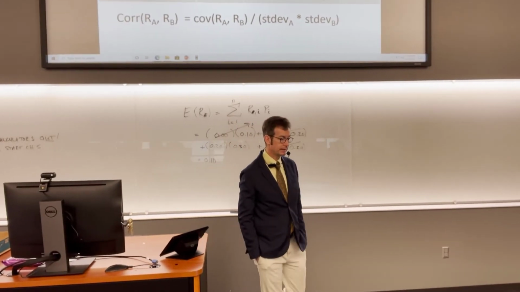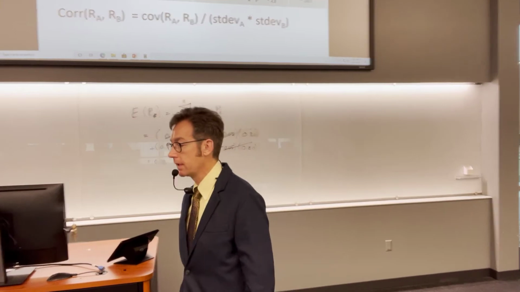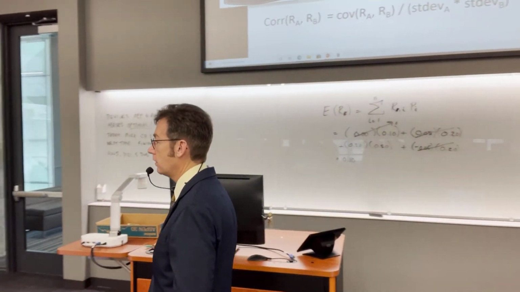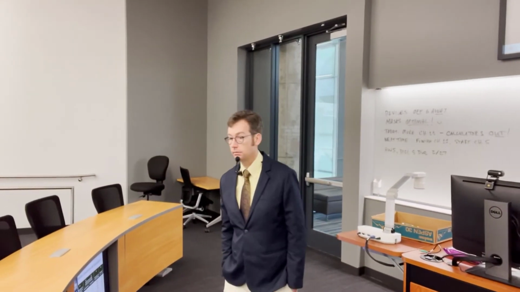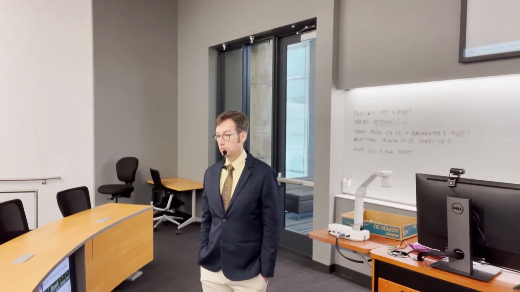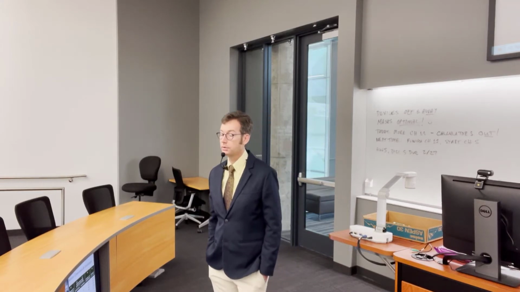Now you say, wait a minute, how does that help us? Well, it has to do with the units. Remember that the units of covariance are percent squared. What are the units of standard deviation when we're talking about returns? They're variance squared.